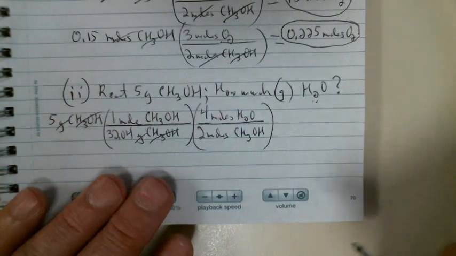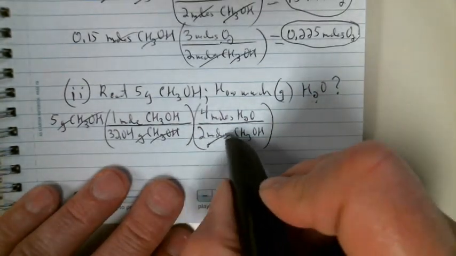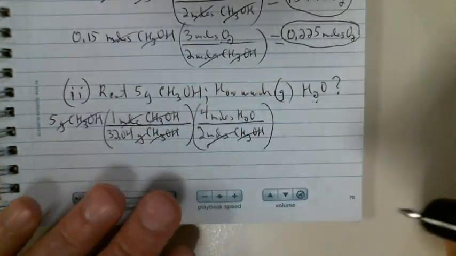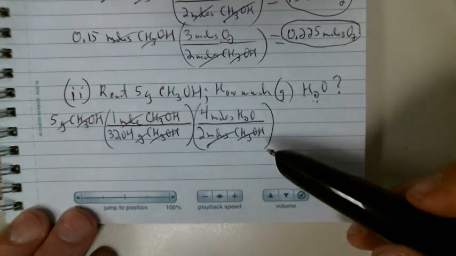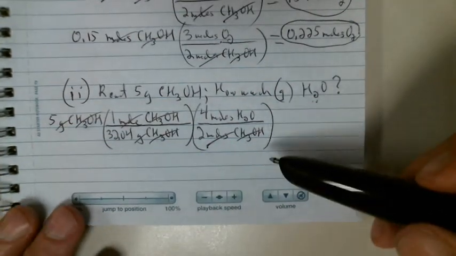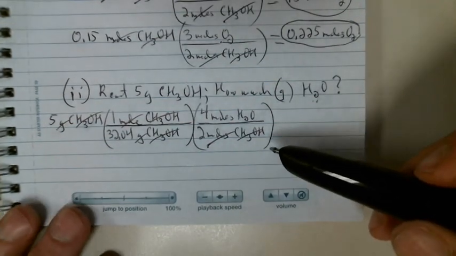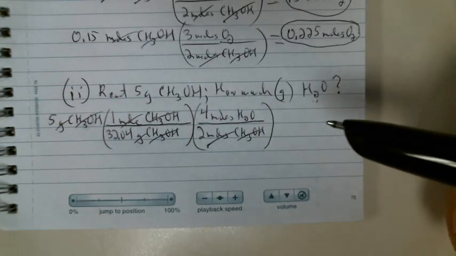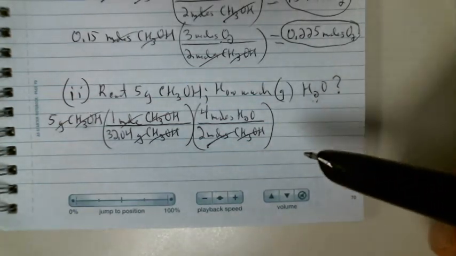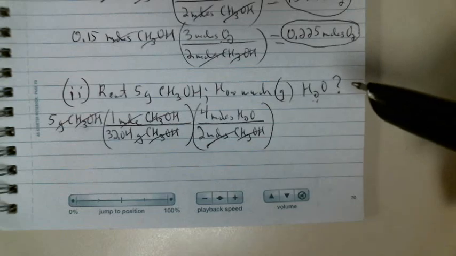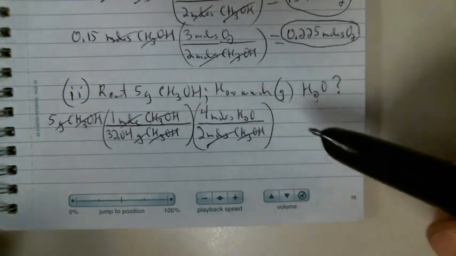And again, I knew to put the moles of methanol on the denominator so that it would cancel. But if you have your mole ratio flipped, it won't work, and you'll know it, and you just flip it over the other way, and then it will work.